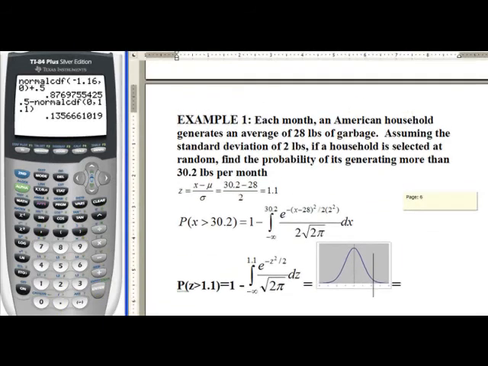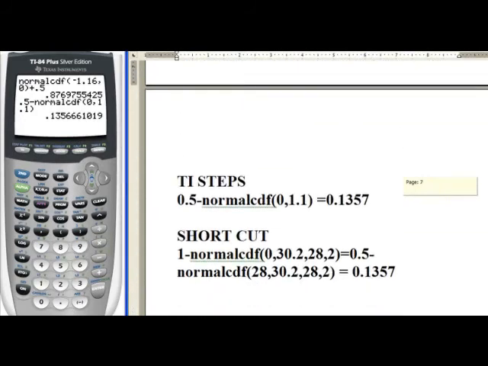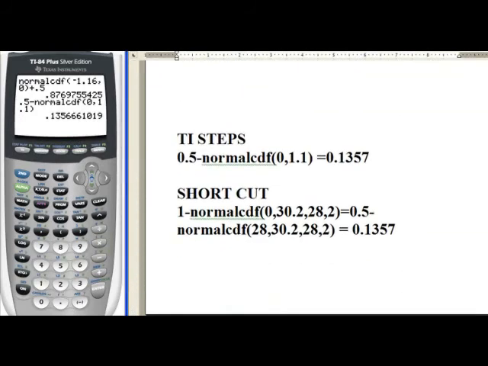Now, if I don't want to work with the z's, and remember you have to do this by hand and integrate to 1.1. If you want your calculator to calculate the normal CDF value 0 to 1.1, when you enter your normal CDF, you can enter your lower value, your upper value.